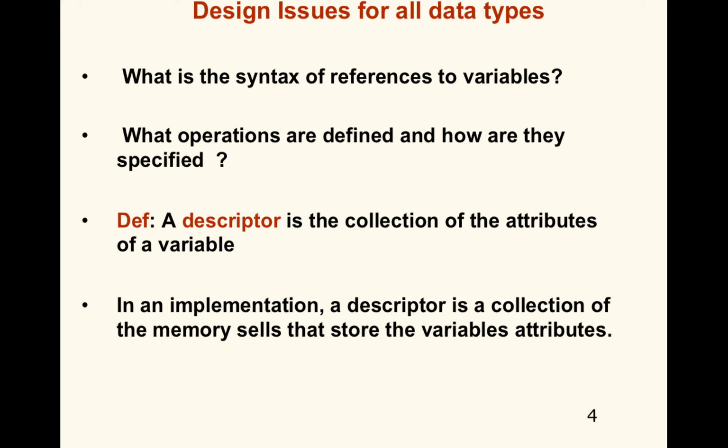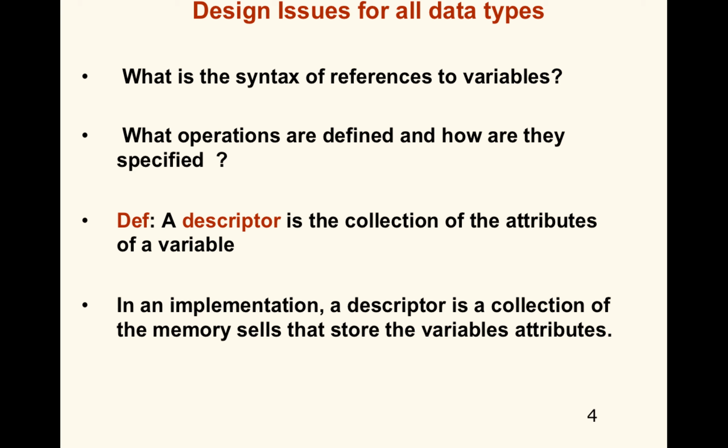So what operations are defined and how are they specified, which is the second component of the data type, is what range of values can the data type store? Then what operations are defined? Can you do concatenation? If I used a dot for concatenation, can I concatenate two characters or two strings together? Generally you can in languages that support concatenation.